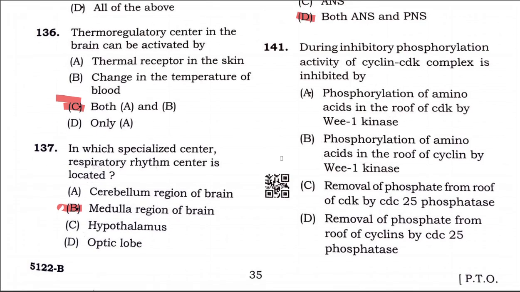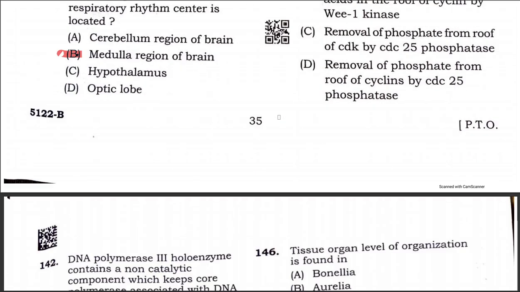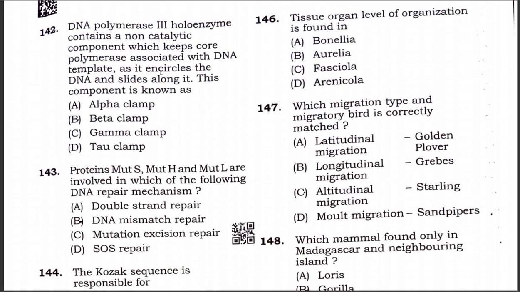Then during inhibitory phosphorylation, activity of cyclin-CDK complex is inhibited by phosphorylation of amino acid in the roof of CDK by Wee1 kinase. DNA polymerase 3 holoenzyme contains a non-catalytic component which keeps core polymerase associated with DNA template as it encircles DNA and slides along it.